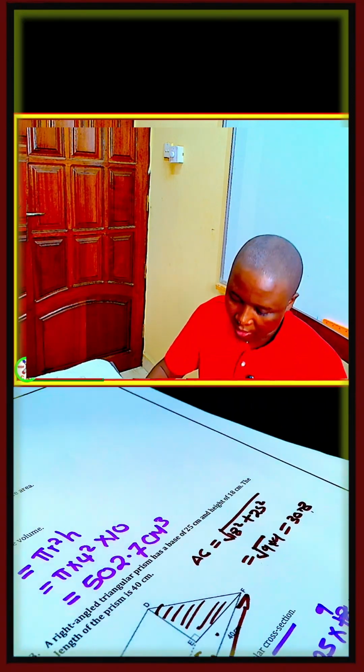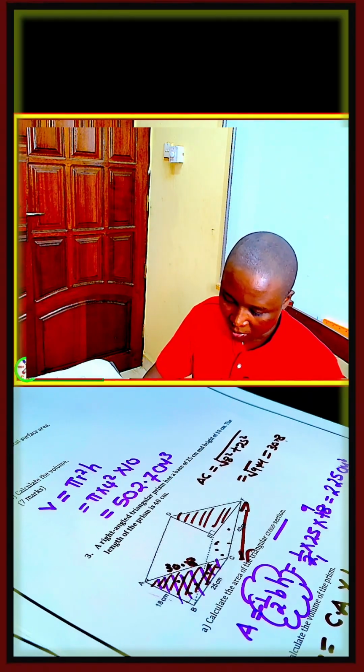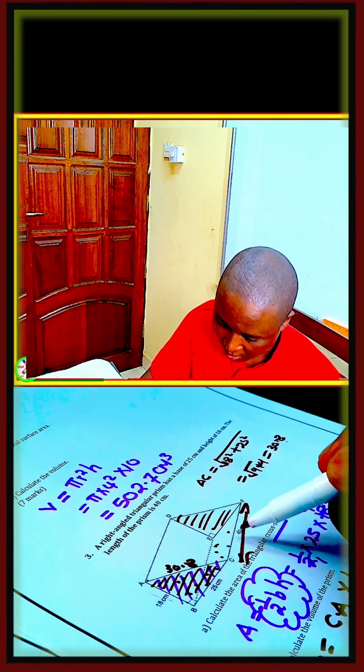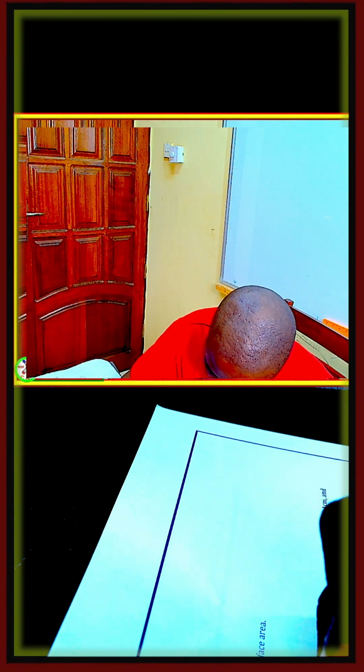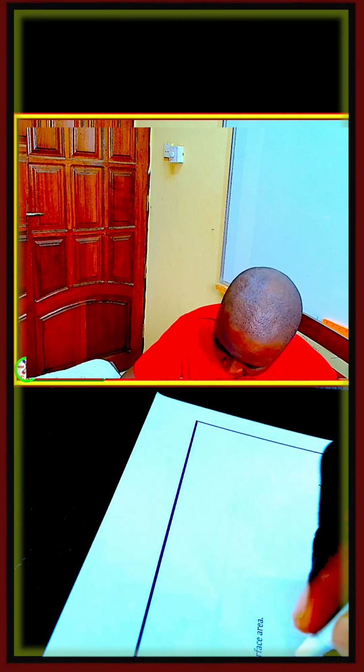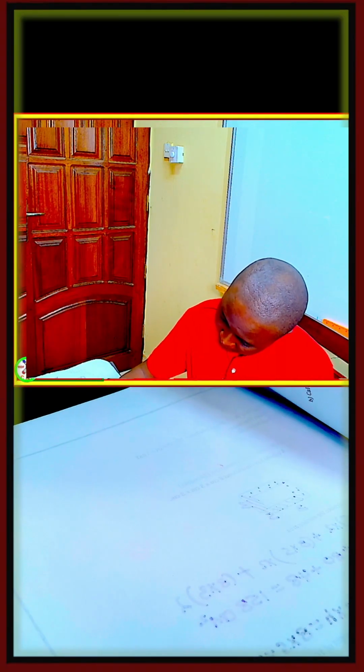In order to find the surface area, we're going to find the area of the triangle times 2, plus the base, which is going to be 25 by 40. So let me just work it out. Surface area is going to be the area of the triangle, which we had gotten to be 225.